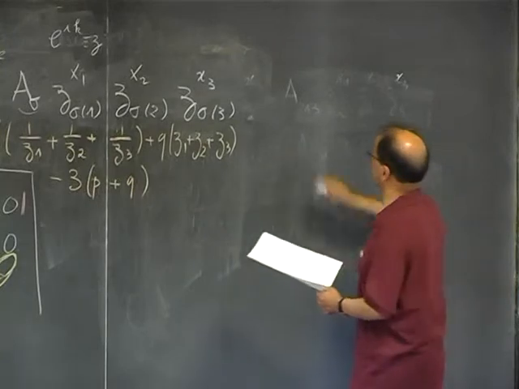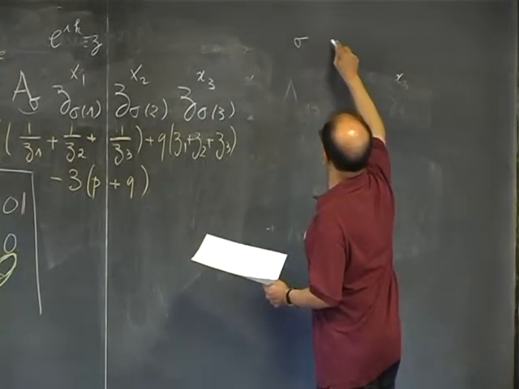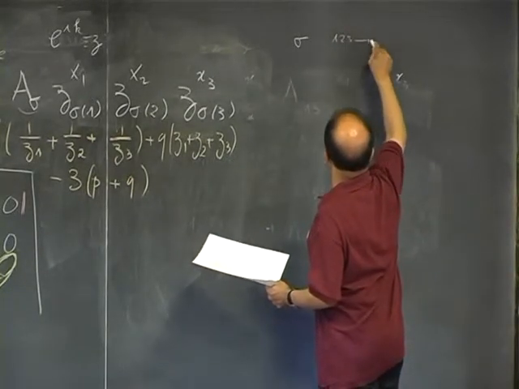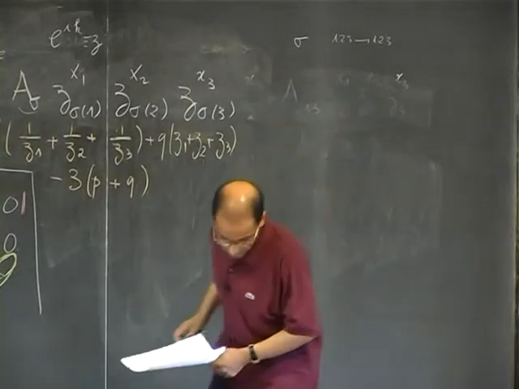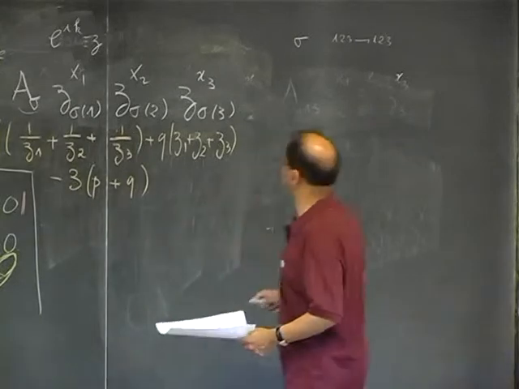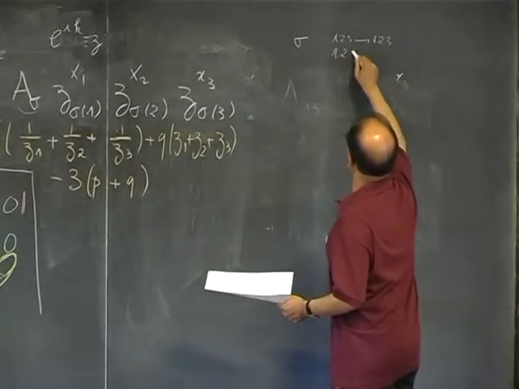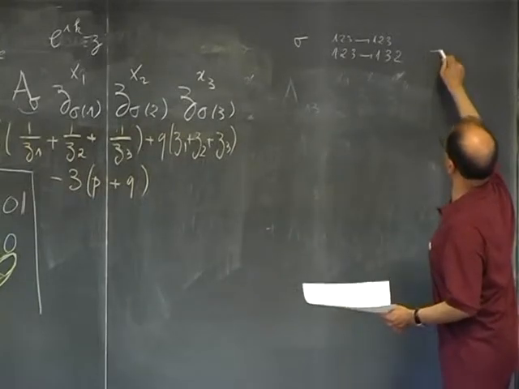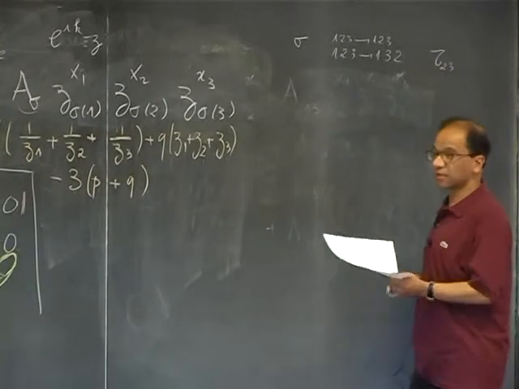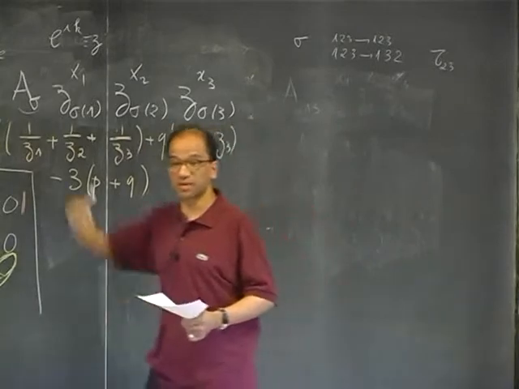Sigma can be the identity: 1, 2, 3 goes to 1, 2, 3. Then 1, 3, 2, which is just a transposition between 2 and 3, and so on. So there are 6 of them.